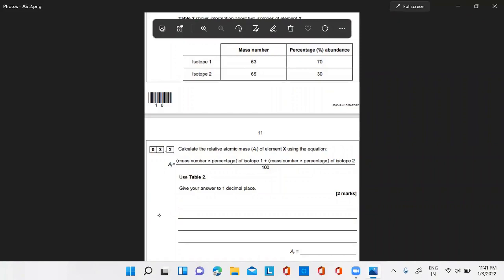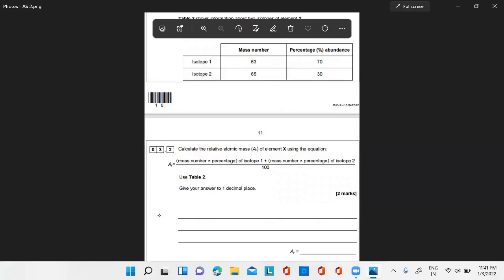So the mass number of isotope 1 is 63, the percentage abundance is 70, isotope 2 is having mass number 65, percentage abundance is 30. So we have to find over here the relative atomic mass of the element X, whose isotopes are isotope 1 and 2. So the element X is having 2 isotopes.